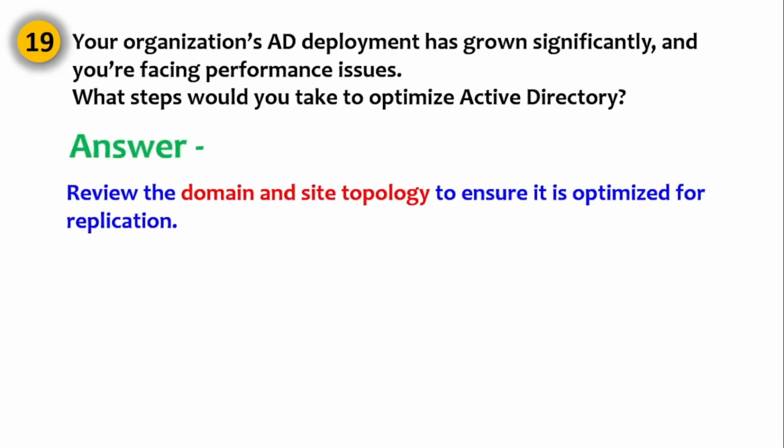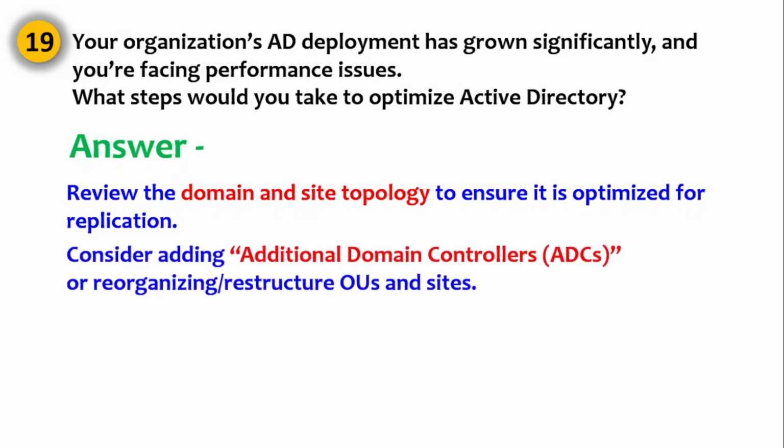The answer: we have to review the domain and site topology to ensure it is optimized for replication. So consider adding additional domain controllers, or we can reorganize or restructure our OUs and sites.